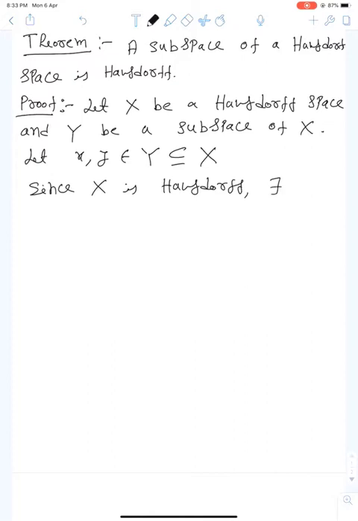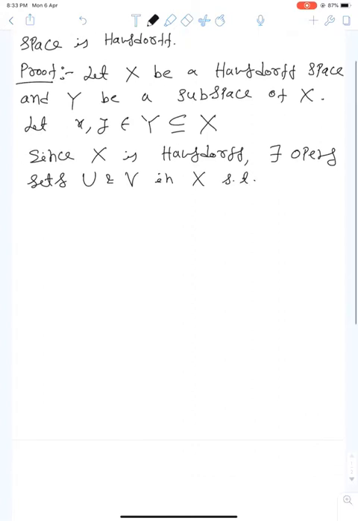there exist open sets U and V in X such that x belongs to U, y belongs to V, and U intersection V is empty, right?